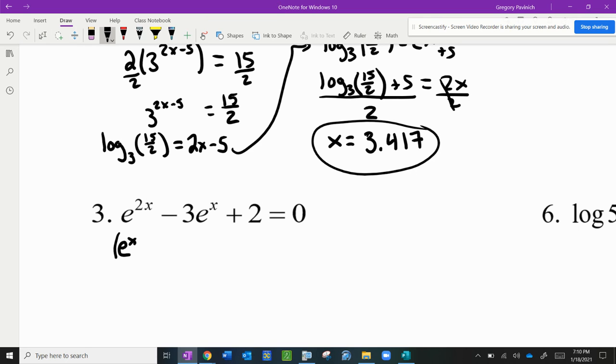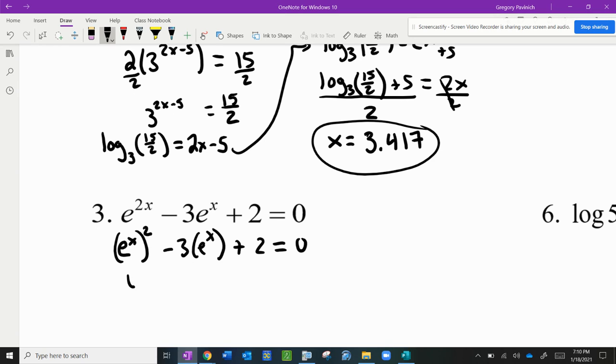So remember, I can write e to the x squared as e to the 2x, minus 3 times, again, I have e to the x, plus 2.